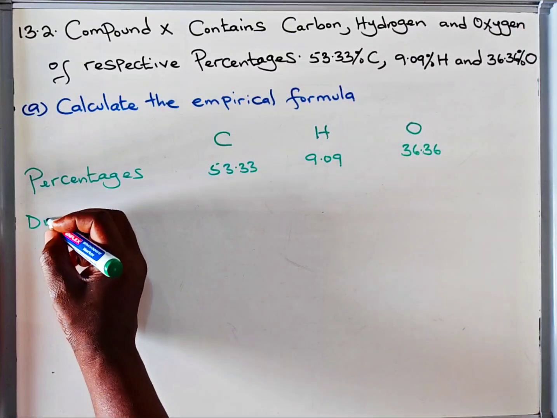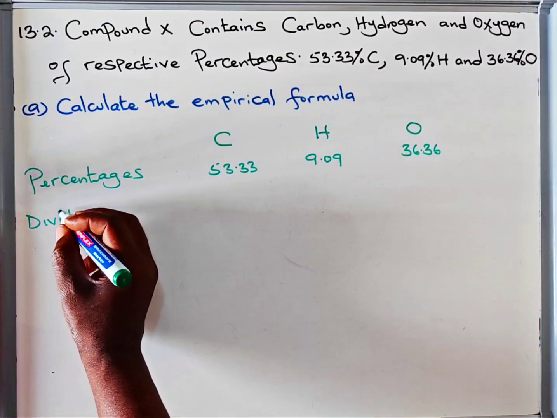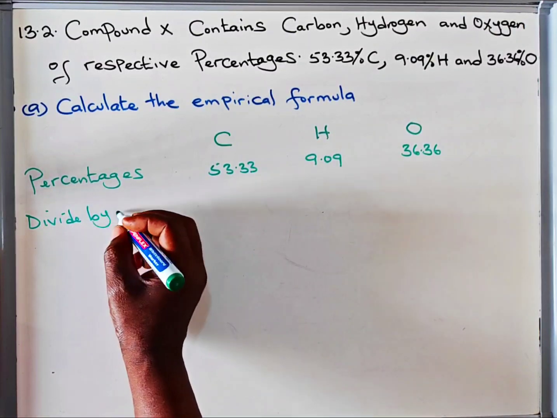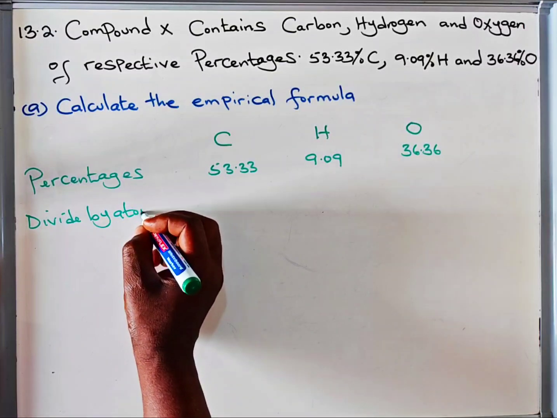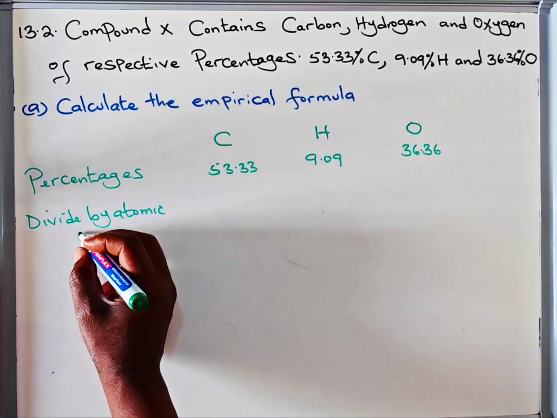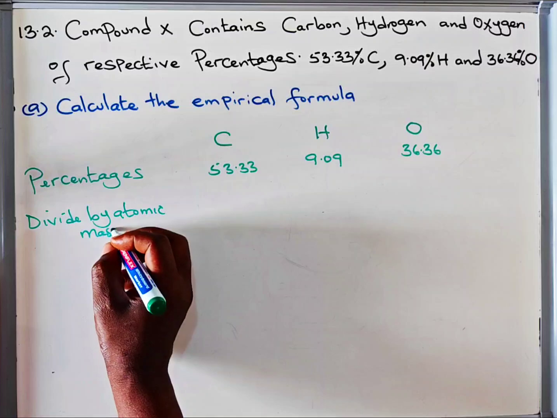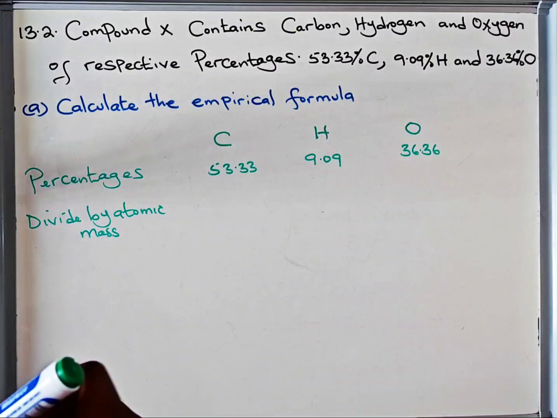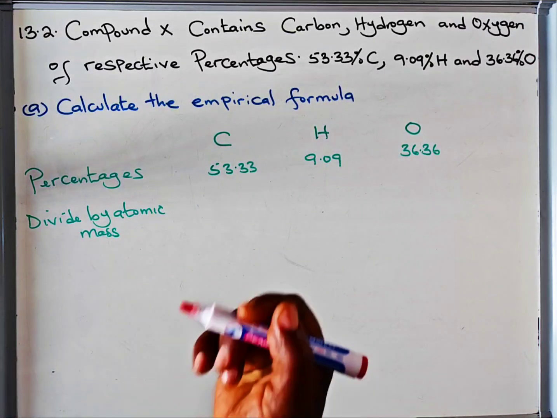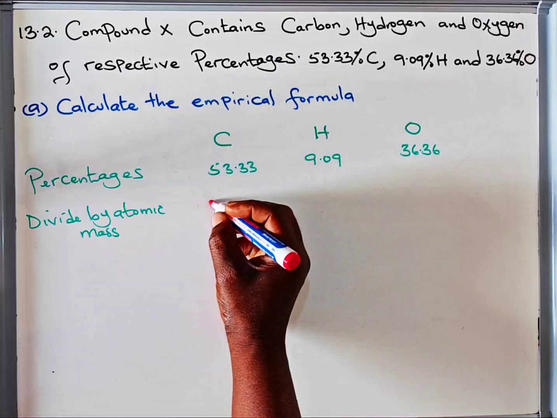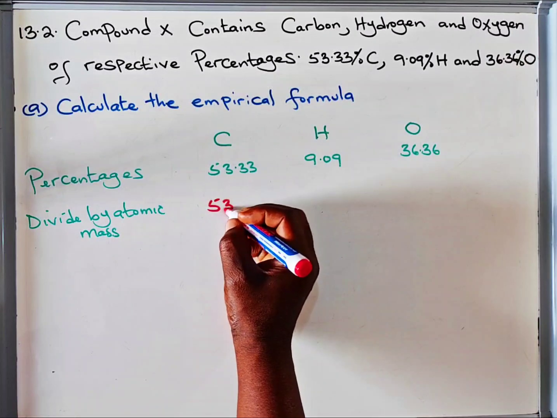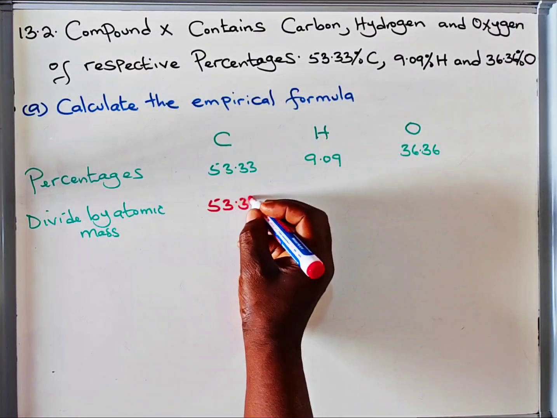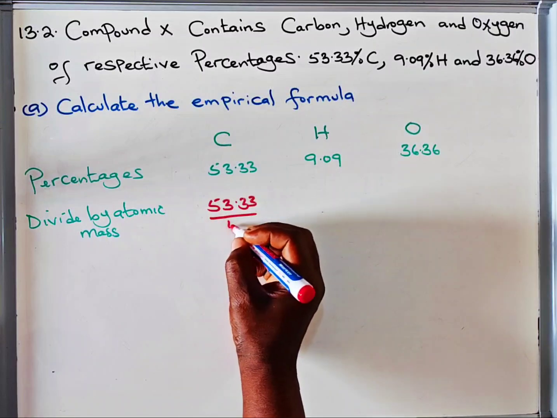You divide by atomic mass. What is the atomic mass of carbon? It is 12. So it's going to be 53.33 divided by 12.